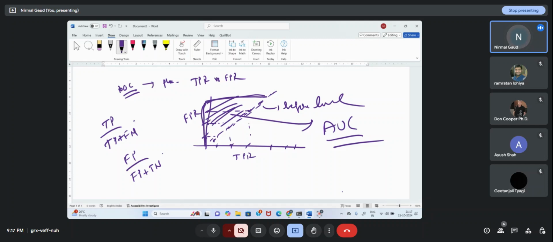The receiver operating characteristic is a curve you are getting. The area inside this curve is AUC, in consideration with the diagonal line. Consider a diagonal line, and whatever you are getting from here, this is AUC, the area under the curve.